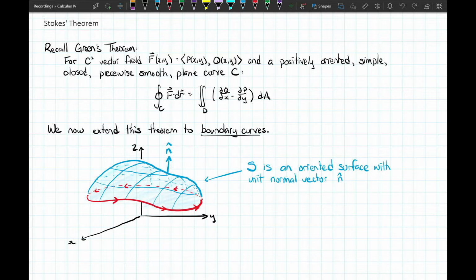Let's start off with some sort of oriented surface with a unit normal vector n hat. And then let's say that C is the curve formed by the boundary of that surface S. Now remember, we have an oriented surface and we also have curves with an orientation as well. We're going to assume that C is oriented by using the right-hand rule with that normal vector n hat.